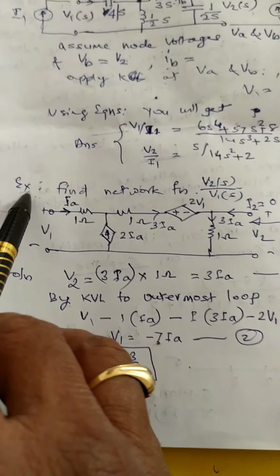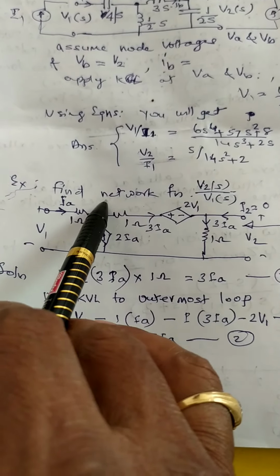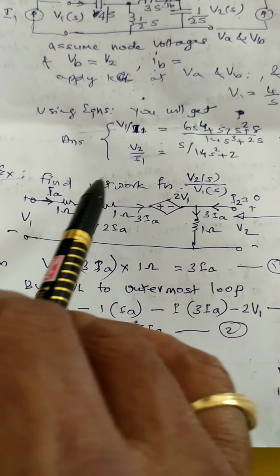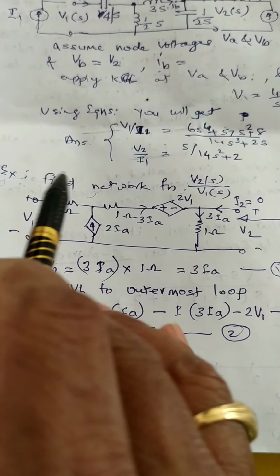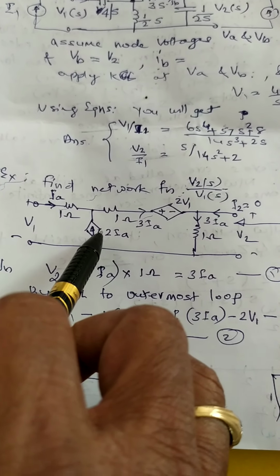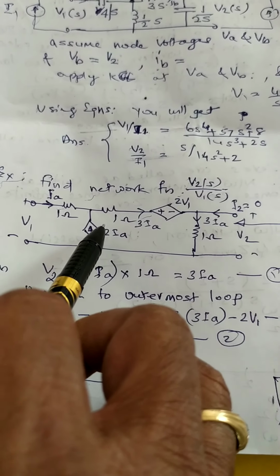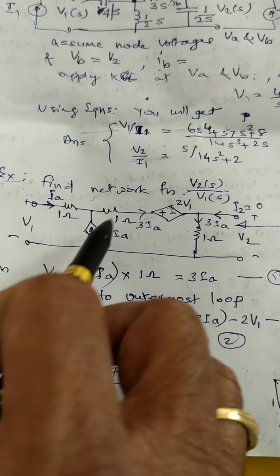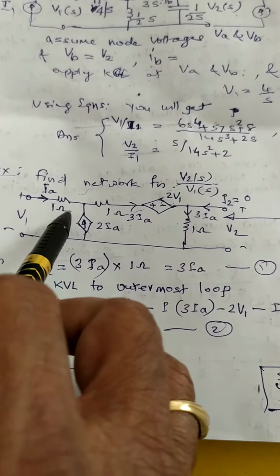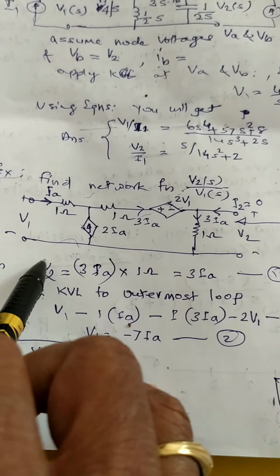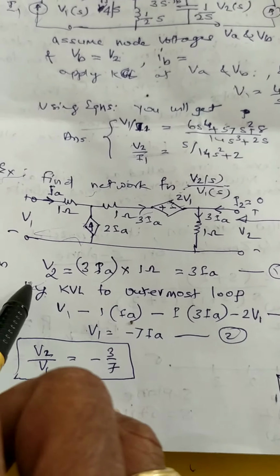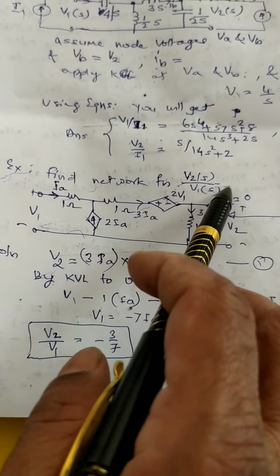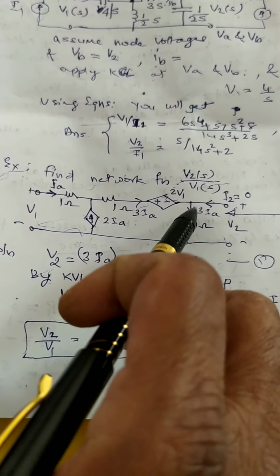Now coming to example number 6, find the network function V2 by V1. Only one is asked here. The only difference compared to previous problems is that dependent sources are present. Let there be dependent sources, we don't have any problem, and somehow I have to get this ratio. Here V2 is the drop in 1 ohm.